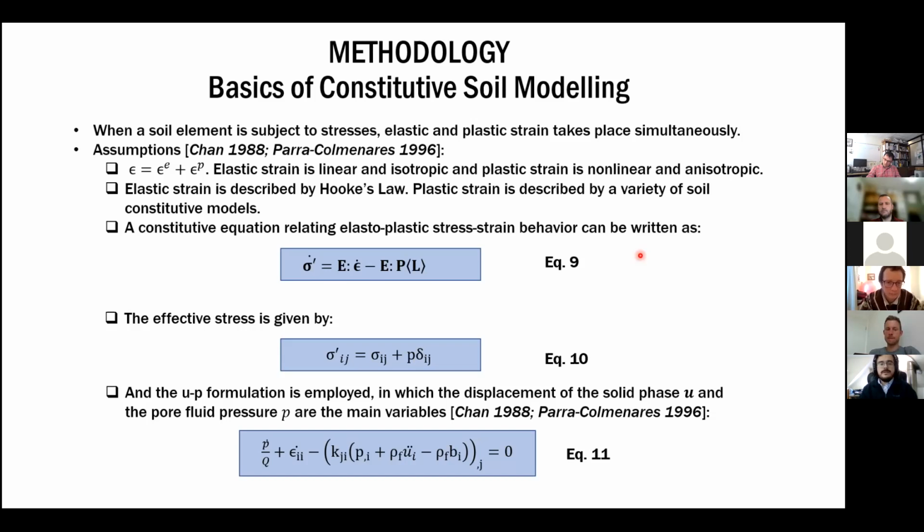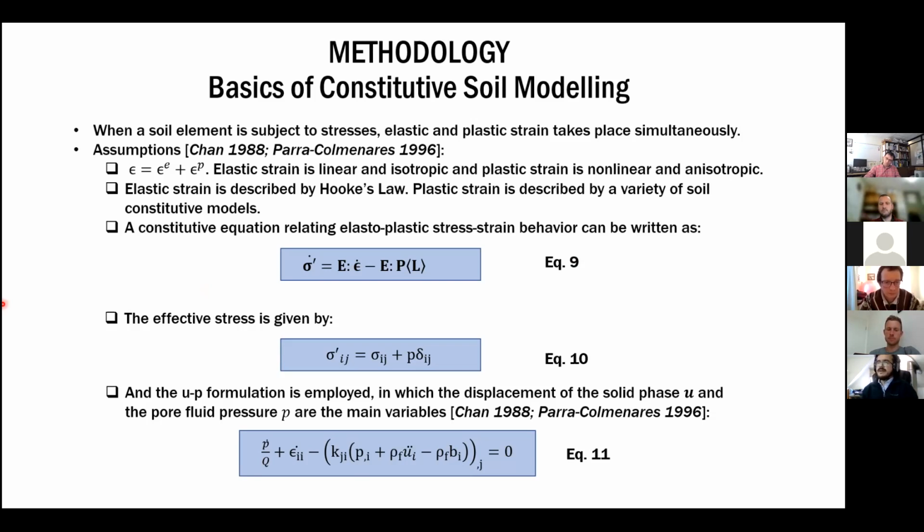So now I want to talk a little about soil constitutive modeling. When a soil element is subject to stresses, elastic and plastic strain take place simultaneously. The assumptions we're going to make are the same as those made in the Chan and Parra-Colmenares PhD thesis.